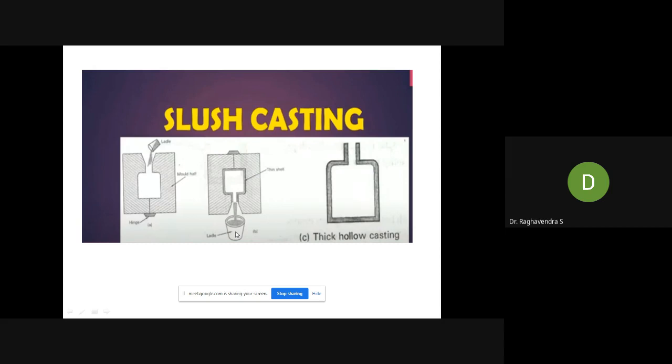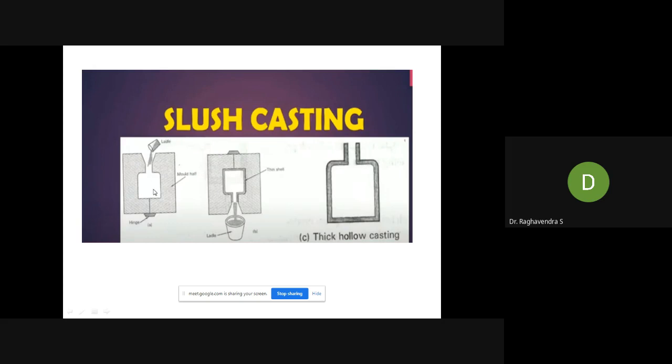But what happens? Because of the temperature difference between the molten metal and the die, some of the molten metal sticks to the walls of the mold. Getting my point? Are you there with me? See, first they pour the molten metal.